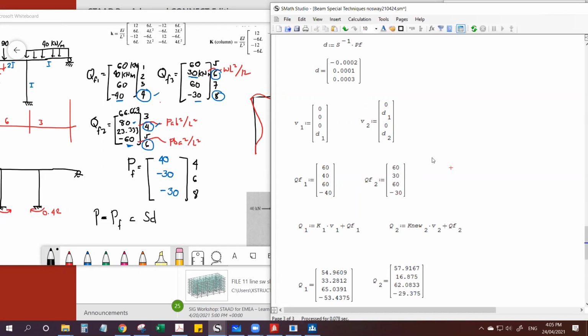Okay, next is QF3. You can copy this. This is V3, while this is QF3. V3, rotation, rotation. QF3, sorry, I made QF2. It should be 66.667.